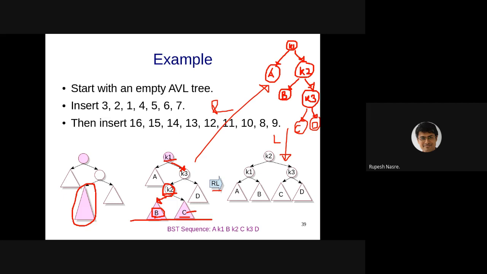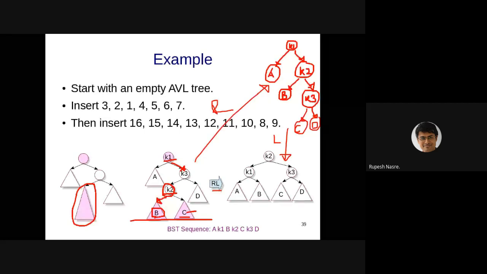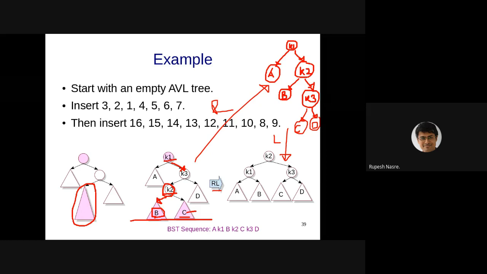Okay, Saicharan is asking how C gets replaced. So C is the right child of K2, and the order is K2, C, K3 in the in-order traversal. Since K3 is now going to become the right child of K2, we need somebody to adopt C. K3 is going to lose its left child because the parent-child relationship is going to get flipped between K2 and K3.